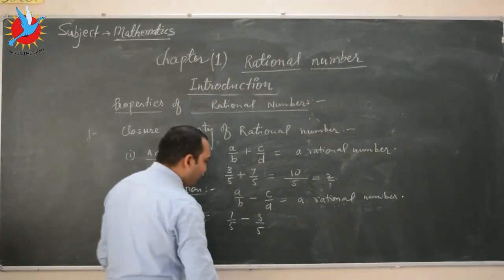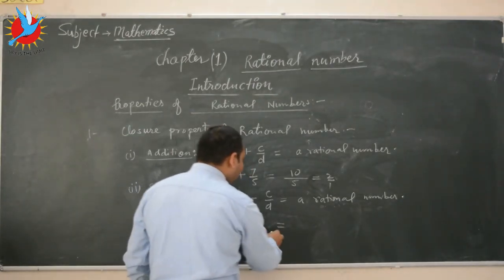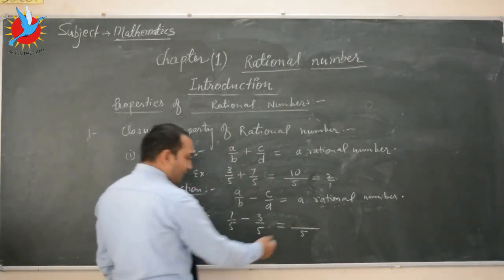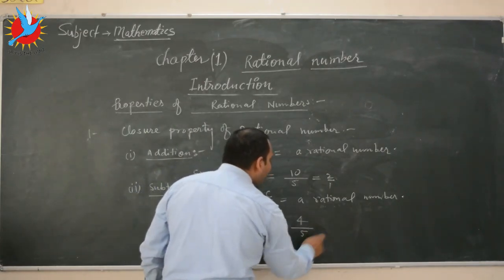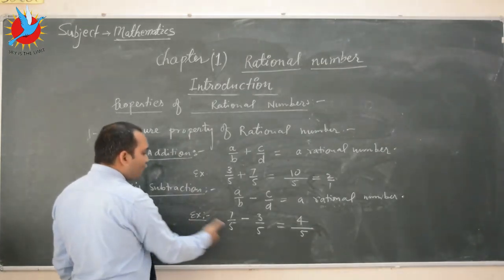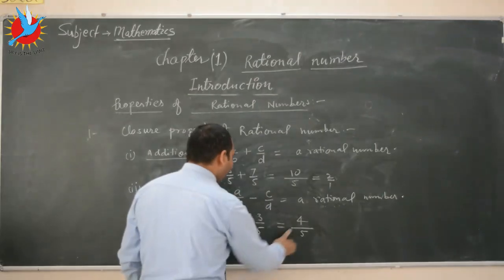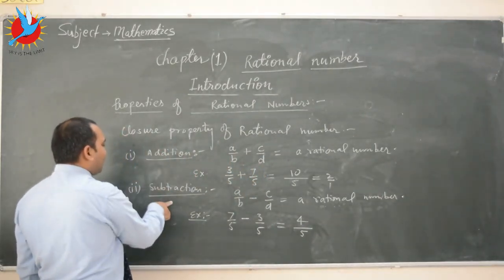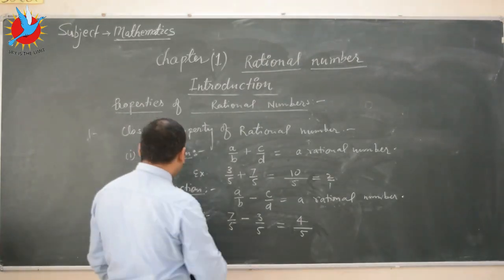Denominators are the same, so we keep a common denominator, and 7 minus 3, that is 4. 4 upon 5. So when we subtract two rational numbers, we get a rational number. So it is clear that subtraction also holds the closure property.